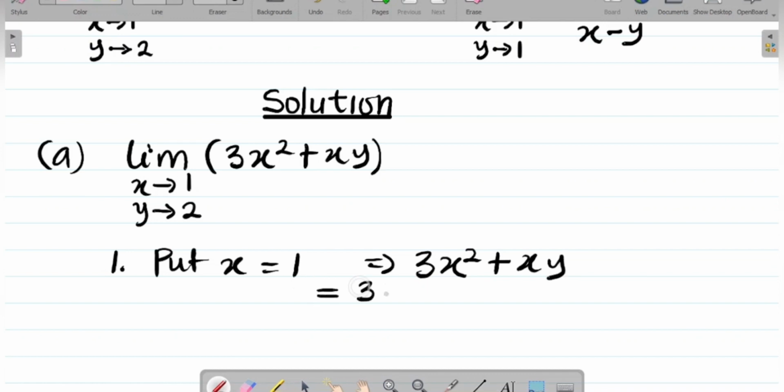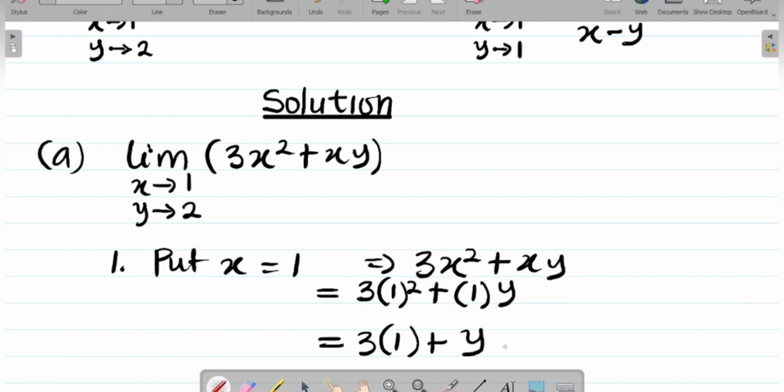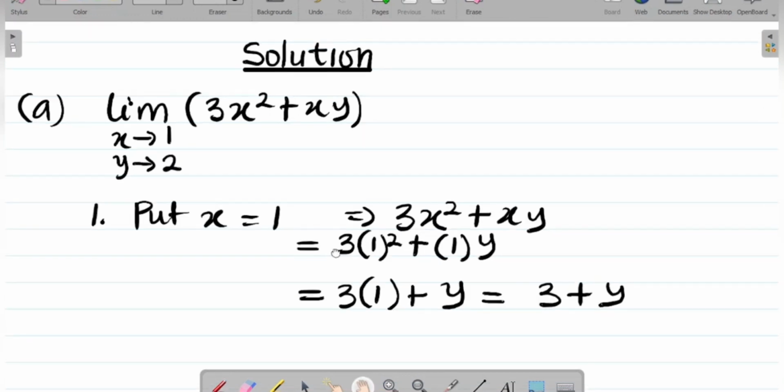It becomes 3 times 1 squared plus 1 times y. This is equal to 3 into 1 squared is 1, plus 1 times y is y. If I work on this, this will give me 3 times 1 is 3 plus y. So I have this answer.